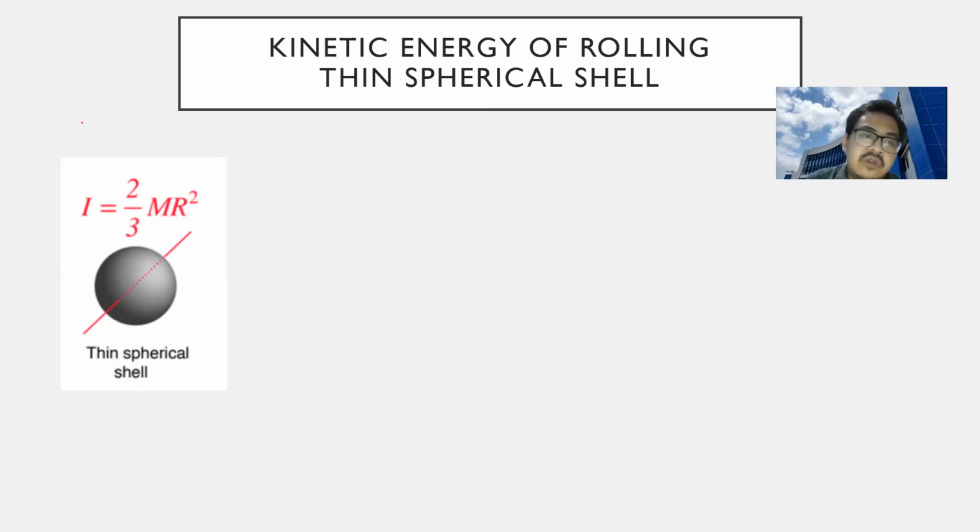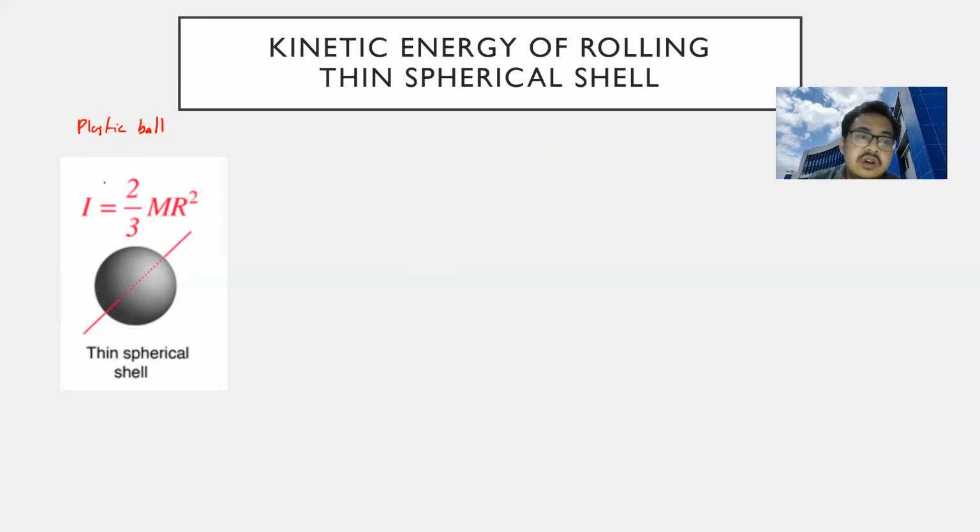For example, if you have a plastic ball which maybe some of you play with in elementary school. Yeah, so plastic ball is a perfect example of a thin spherical shell.